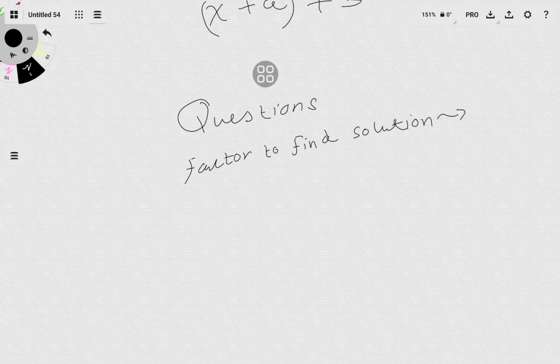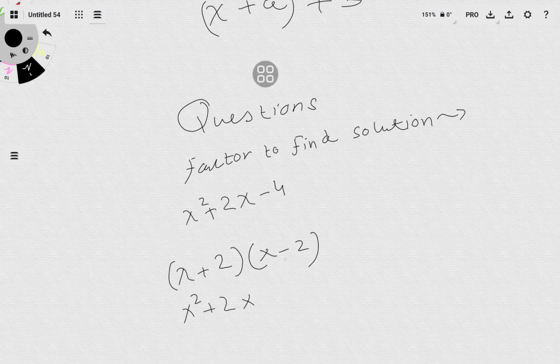For example, let's say we have 5x square plus 2x plus 4, minus 4. So we'll do x minus 2, so x square plus 2x minus 4.